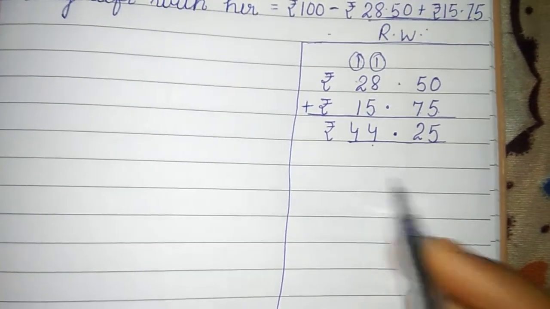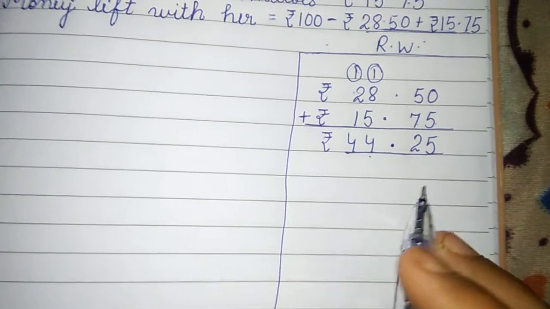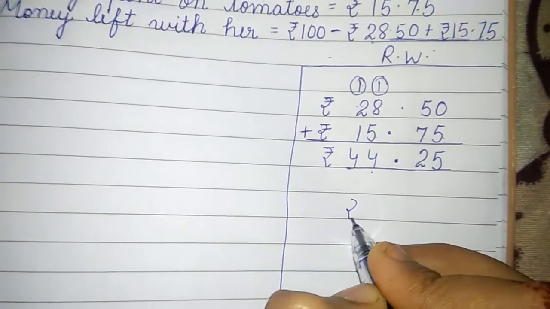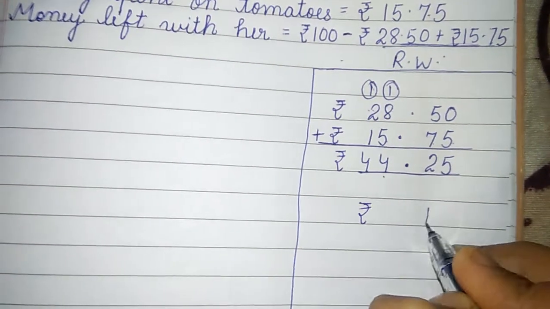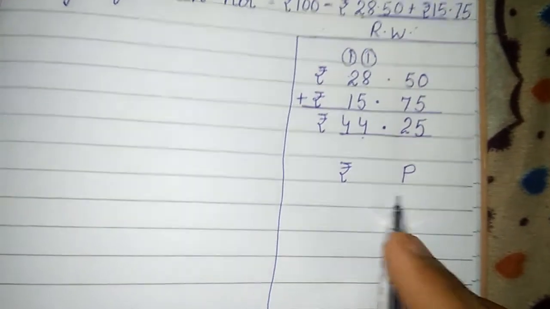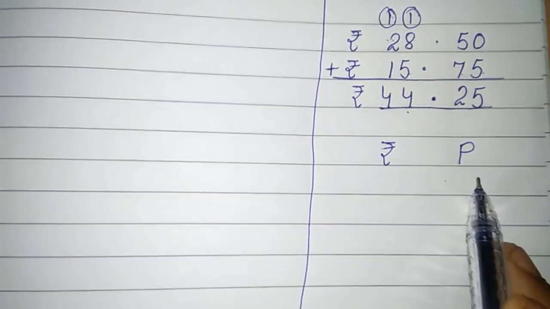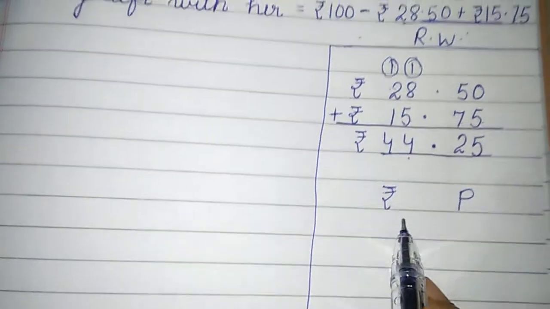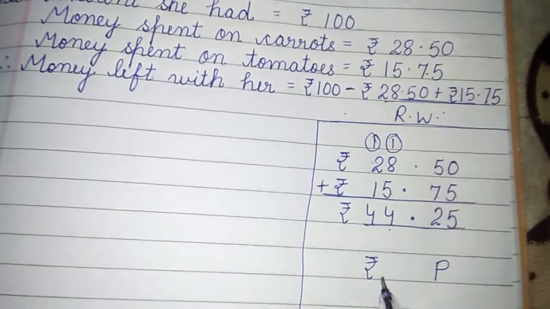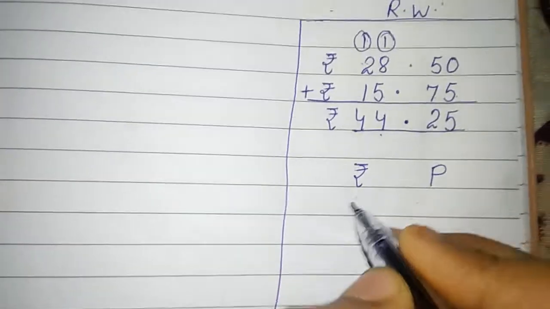Clear? So first of all we have to arrange the amounts in columns of rupees and paise. Rupees, paise. Clear? You can see how to write. Rupees is 100, so we will write here 100.